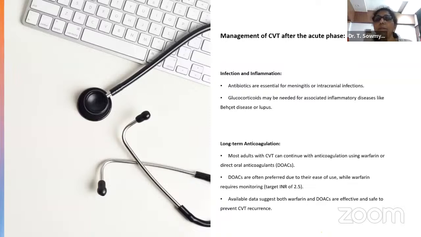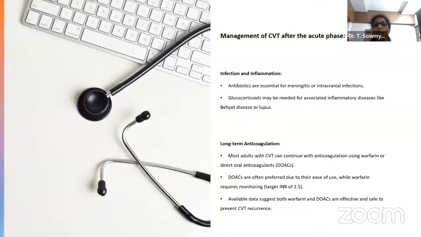And the management of the acute phase of CVT, after the acute phases, like infections and inflammations, is to be managed by antibiotics. And as I said, glucocorticoid has no role except in Behçet's and lupus.